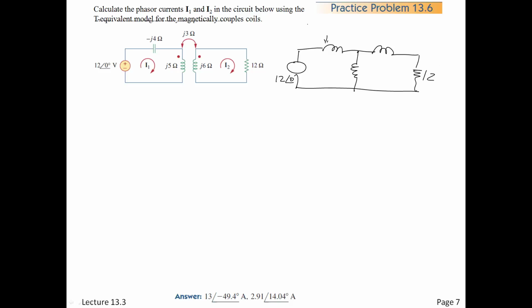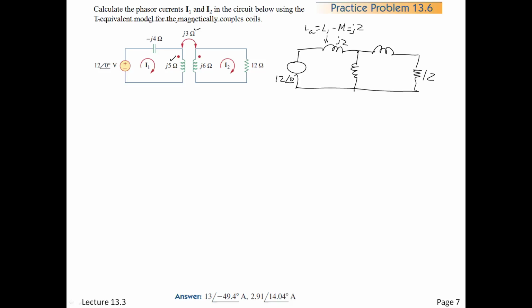So this one will be LA is equal to our L1 minus M, and that is going to be J5 minus J3, so that's J2. Okay, so I'll let you find all of those.